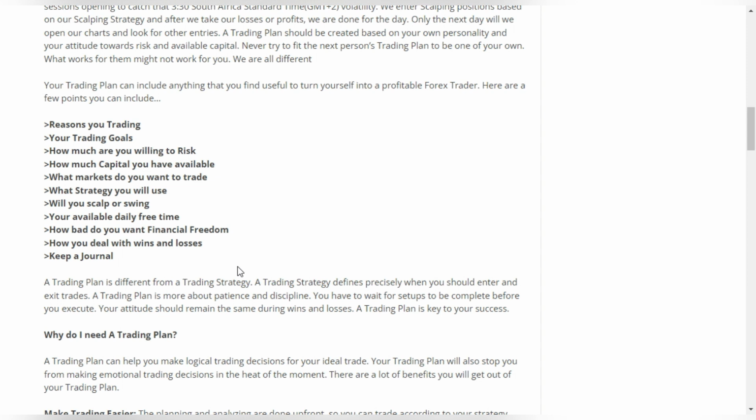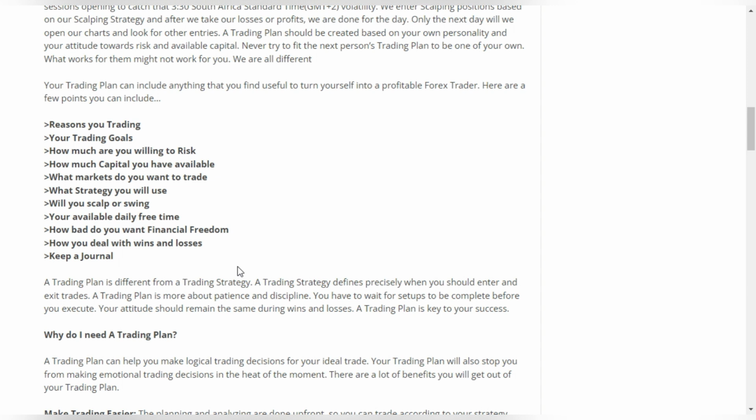The more details you put in your journal for each trade, the easier it will be for you to improve when you look back at your trading journey and see all the steps you've been taking, which ones led to success and which ones led to bad trades. So keeping a journal is very, very essential, guys. It's key for your trading plan.